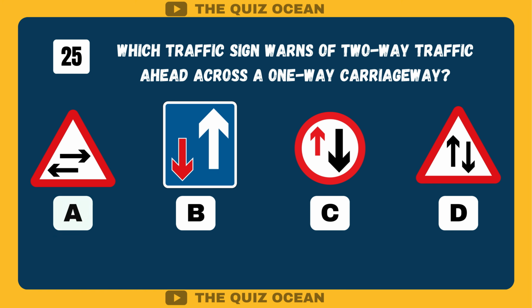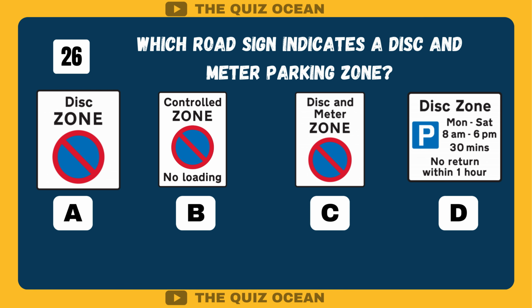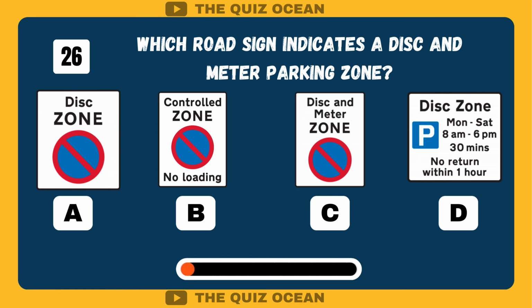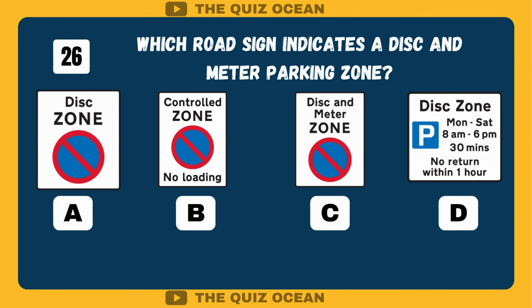The answer is A. Question 26. Which road sign indicates a disc and meter parking zone? The answer is C.